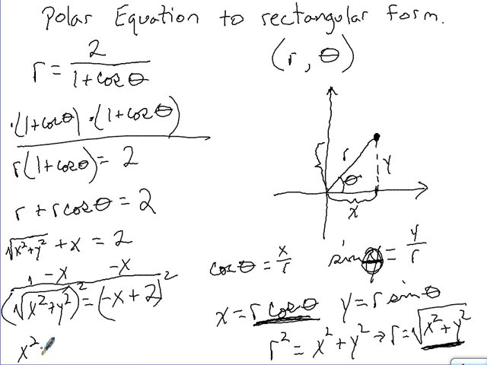X squared plus y squared equals, and now we have a binomial squared, so it's the a squared plus 2ab plus b squared scenario. Negative x squared is x squared, plus negative 4x, because negative x times 2 is negative 2x, times 2 is negative 4x, plus 4.